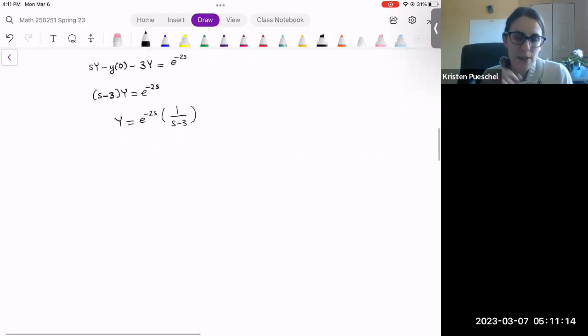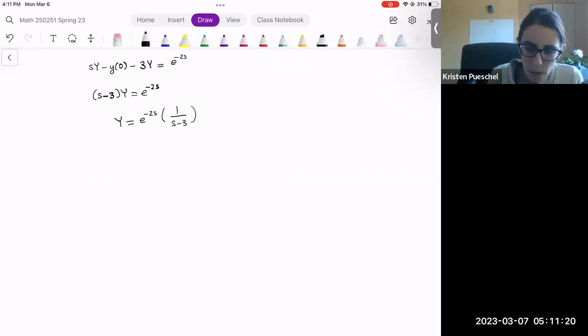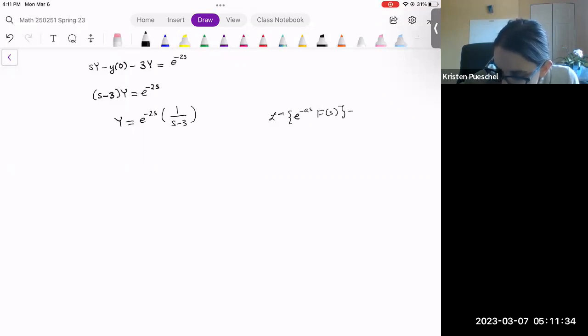All right, so we found the Laplace transform of our solution. We just need to go back. We're going to be using that the inverse Laplace transform of e to the negative as times F of s is equal to u_a of t times f of t minus a.